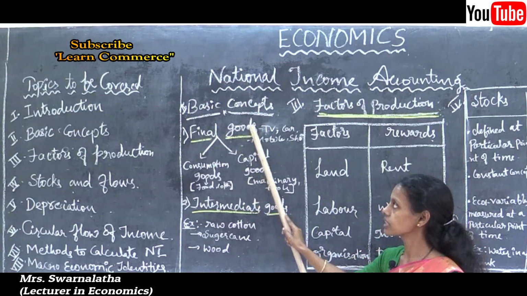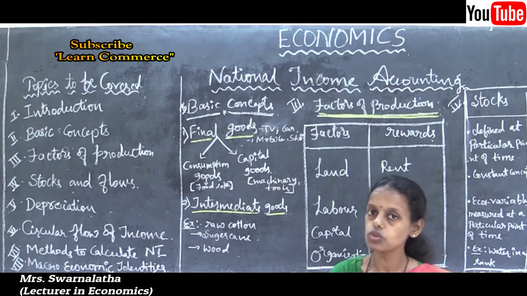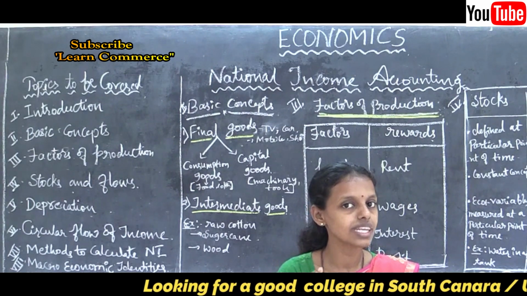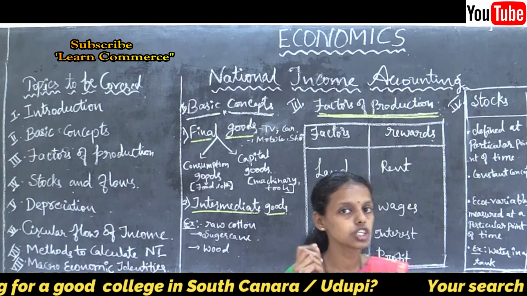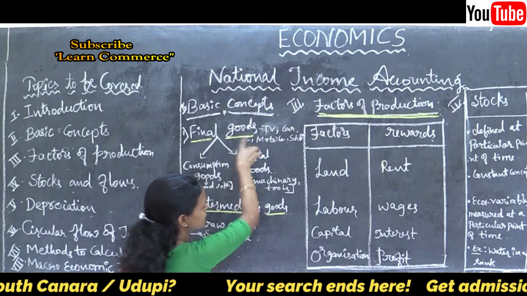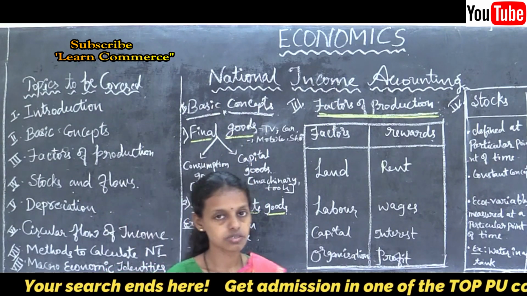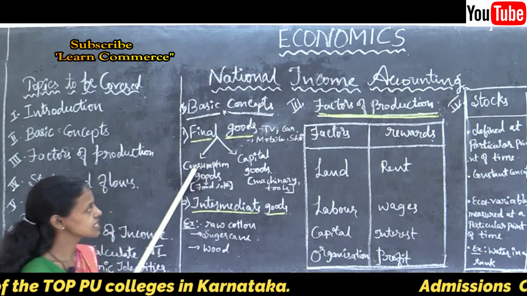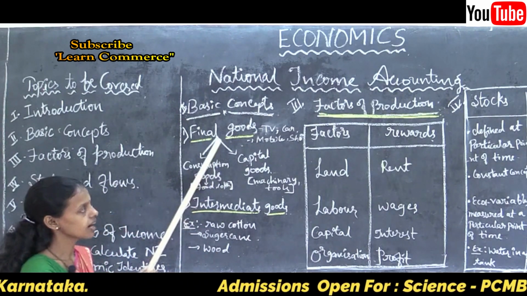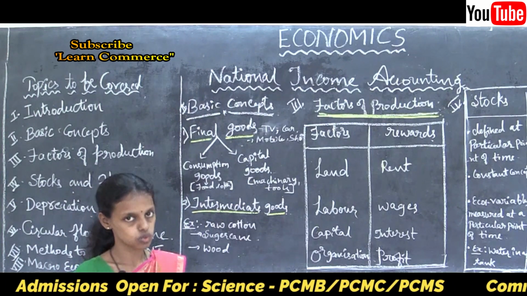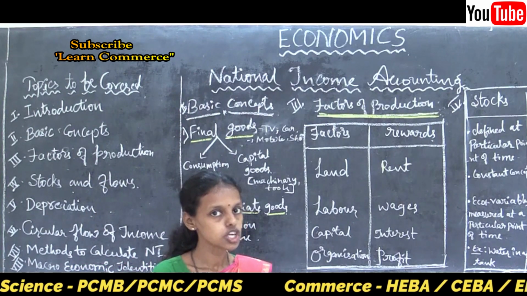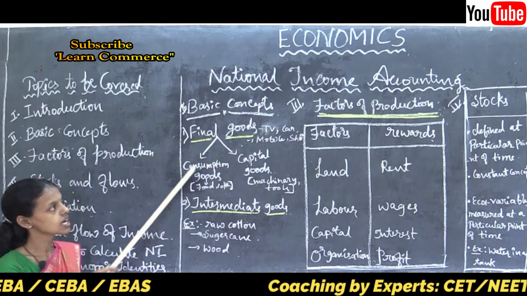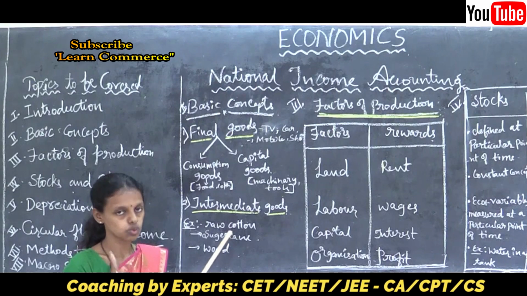So what are final goods? By the name itself we come to know, they are meant for final consumption, that is, ready to use. Final goods include two categories: consumption goods, or consumer goods, and capital goods.